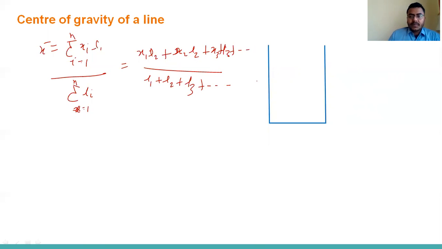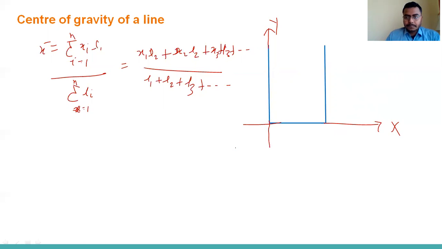See, this is the straight line. So I am taking this axis as the y-axis. So this line I am assuming y, and this one I am assuming x.